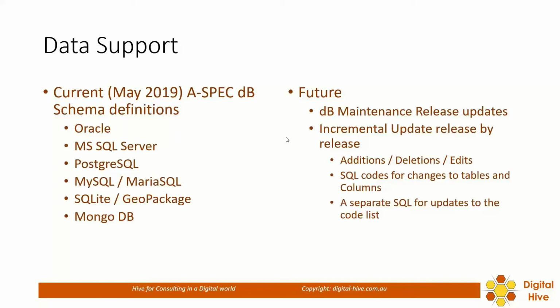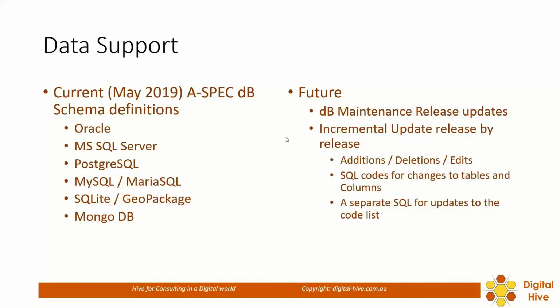In the future, we will also provide database maintenance release updates. When the spec changes, we will give you an incremental update with additions, deletions, and edits, and just give you the SQL code for those changes, so that you don't have to redefine your schema. It's like any other corporate GIS database update.